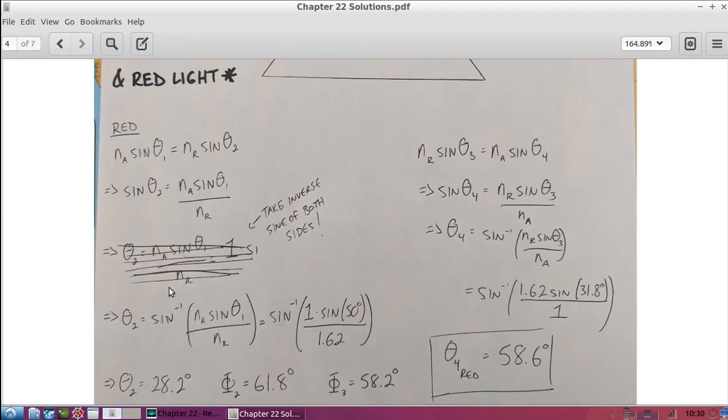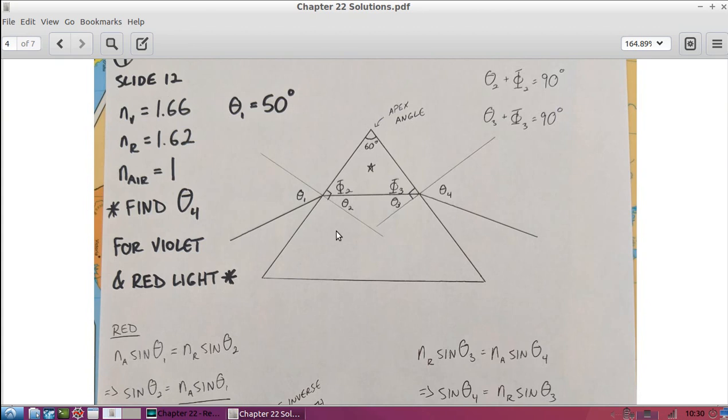So the diagram is going to look the same as it did for our red light. The difference is, because we've got a higher index of refraction for violet, 1.66, theta 2, my initial refracted angle, is going to change.